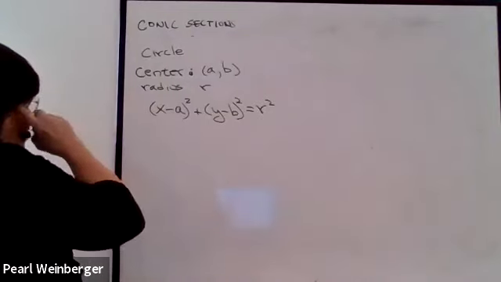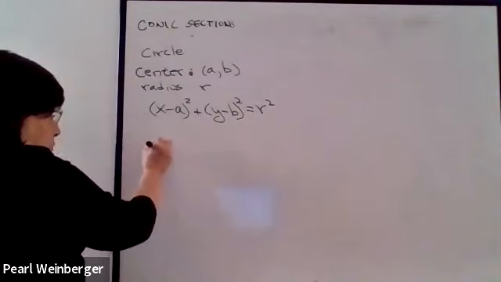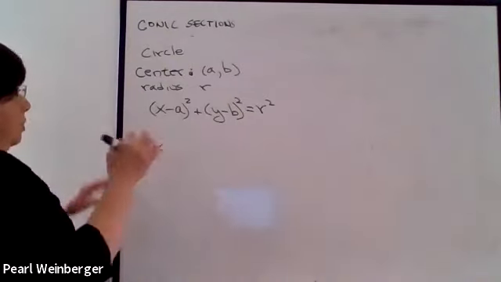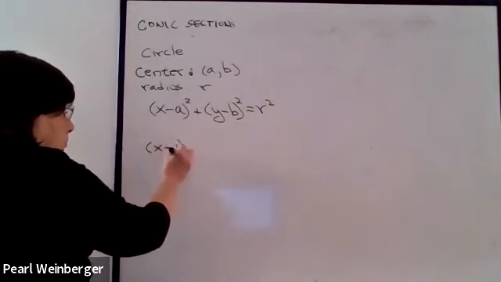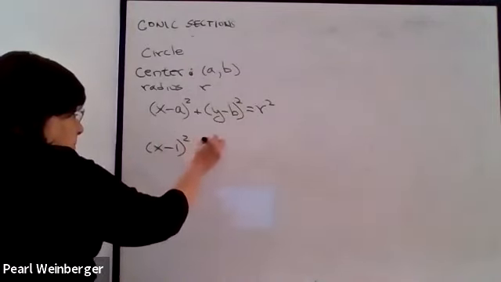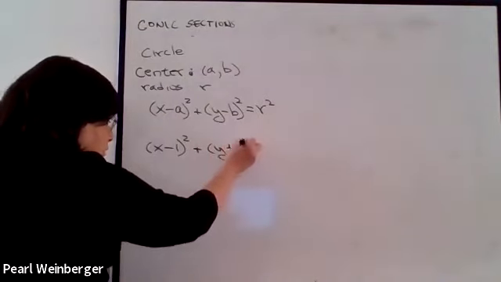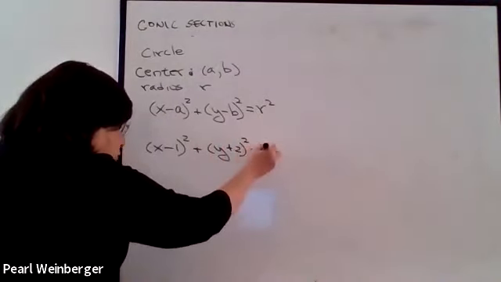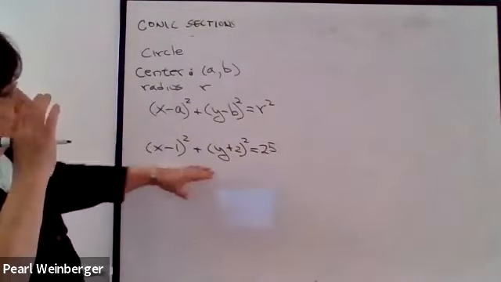So let me give you an example like that, and I'll draw it, and then we'll go vice versa. Let's say I have x minus 1 squared plus y plus 2 squared equals 25. And I give you this equation.